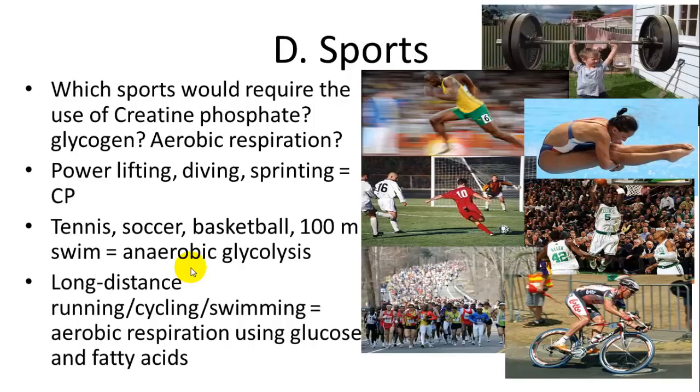So if you're a sprinter or doing heavy lifting with a short-term energy requirement, you're going to use the shorter-term energy that is available. If you need more energy over a longer period of time, in endurance and aerobic exercise, you're going to utilize glycolysis, the electron transport chain and the full respiration.